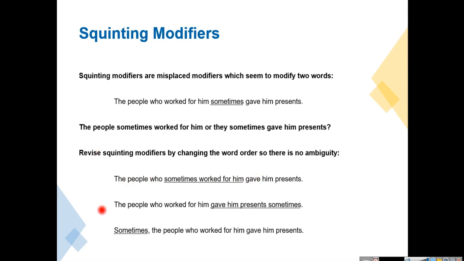Let's look at it: the people who work for him gave him presents sometimes. So sometimes the people gave him presents. And finally, sometimes the people who work for him gave him presents. And that's how we make it clearer who was doing what and at what time.